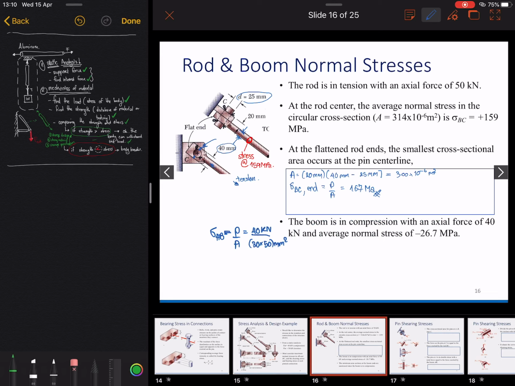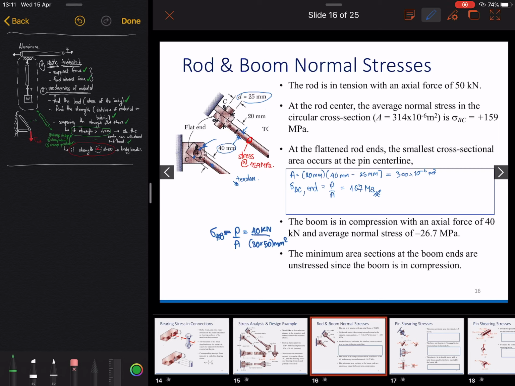So the minimum area section at the boom end is unstressed, and since the boom is in compression, we don't need to calculate at the end of the boom.